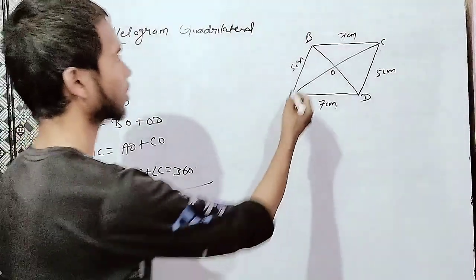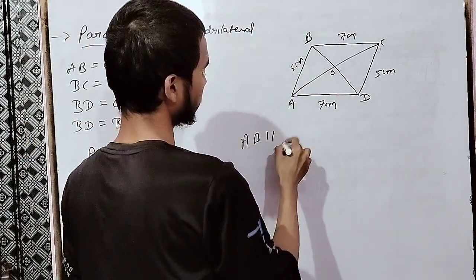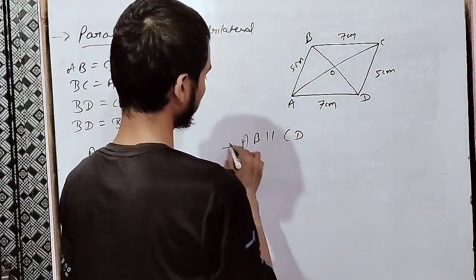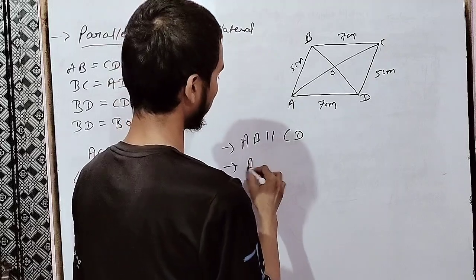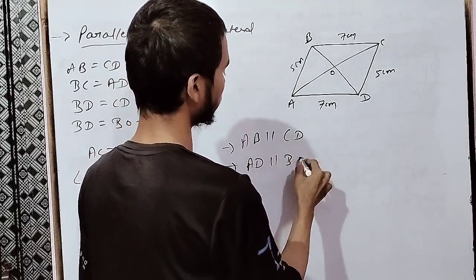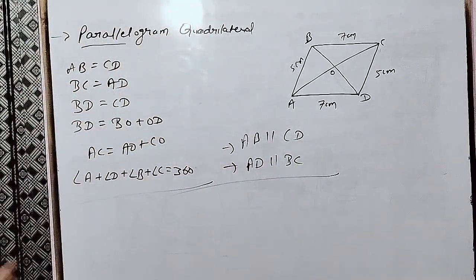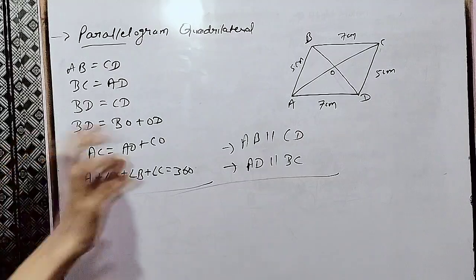Now, here you can say AB is perpendicular to CD, and AD is perpendicular to this. Now it's time to understand the rhombus quadrilateral.